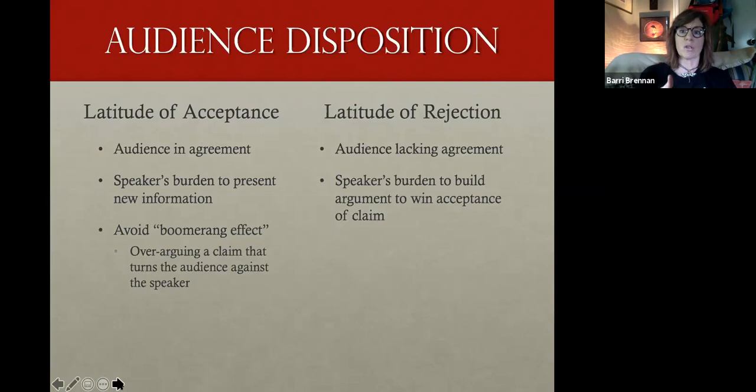If you want us to change something, then that's what you need to do to win our acceptance. It can't just be emotion. We're going to need some facts and proof and evidence.